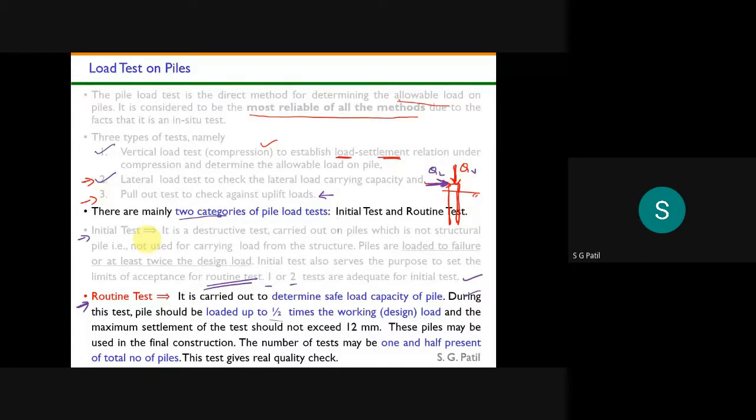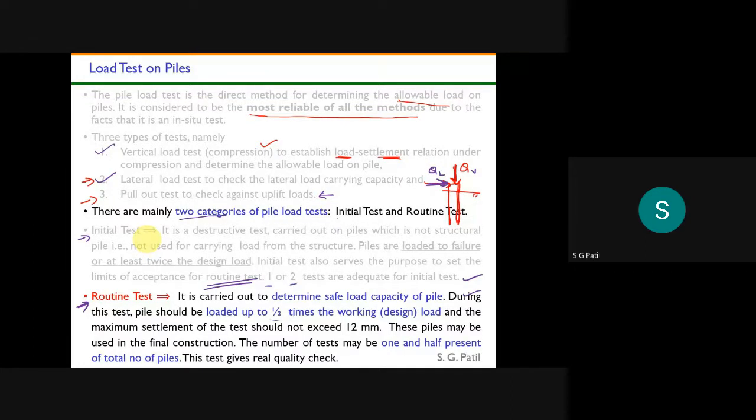Before your superstructure can transfer the load, you would already have decided in advance where you want to do these initial tests. Those extra piles you should cast in the field, and only on those piles you go for these initial tests.